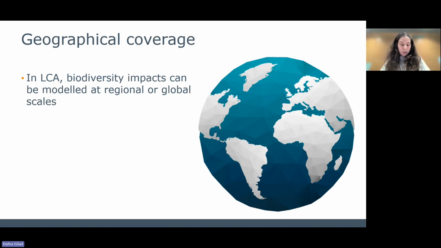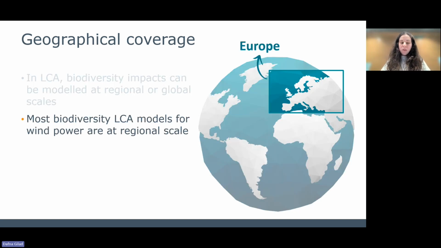Looking at the geographical coverage, in LCA, biodiversity impacts can be modeled at regional or global scales. But most of the biodiversity LCA models for wind power are modeled at the regional scale, mostly focused on Europe. And there are different reasons for that. First can be limited availability of global data, which can restrict models to specific areas.